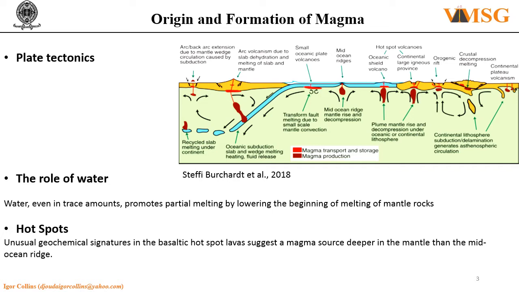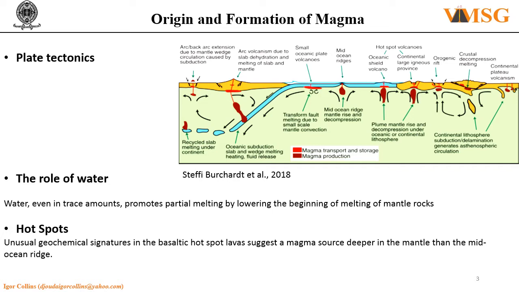For the origin of magma, many processes can allow magma to form, and we have plate tectonics, which is the theory of plate motion. The descent of plates stirs up the mantle, bringing over a current of warmer material from the depth, facilitating melting by decompression and resulting in magma generation. In another way, we have the role of water.